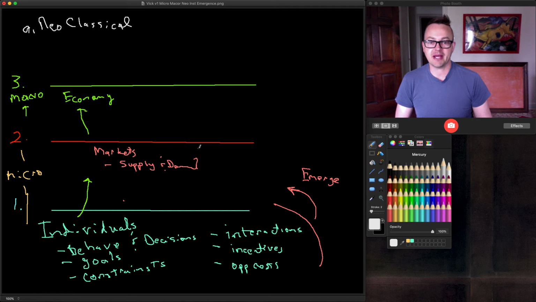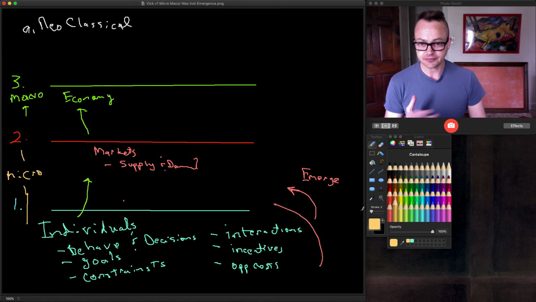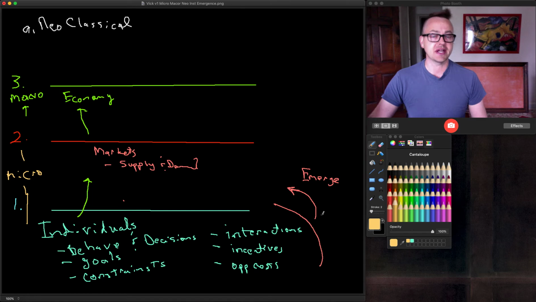Now I want to go back here because I want to focus on, going back from our basic principles, what's going on at the individual level. That's not the entire story, is it? It's not just markets that emerge from individual behavior. Other things also emerge.